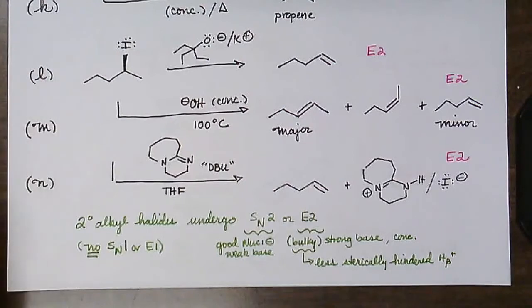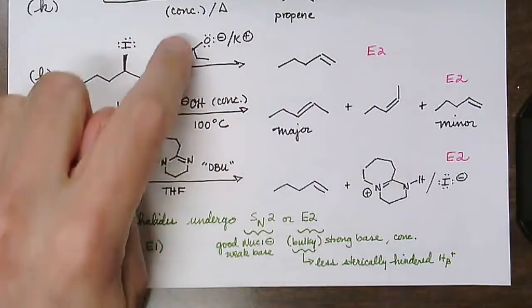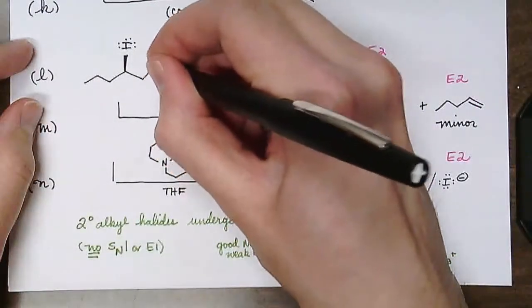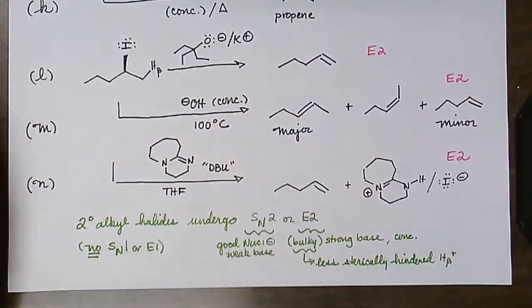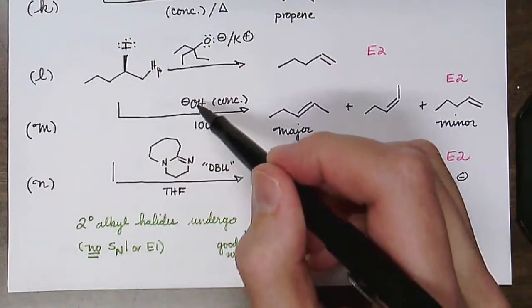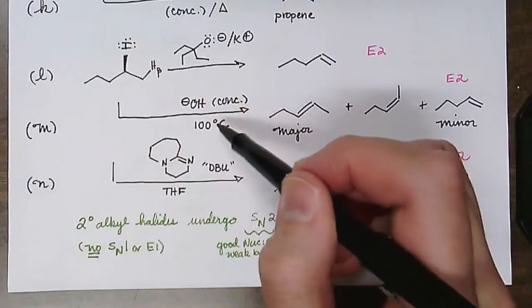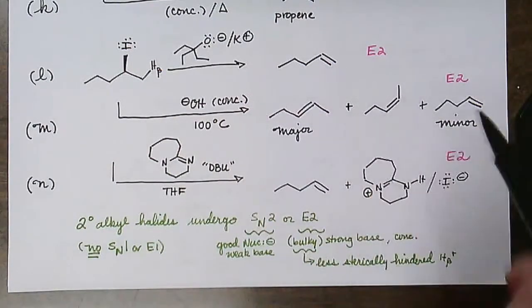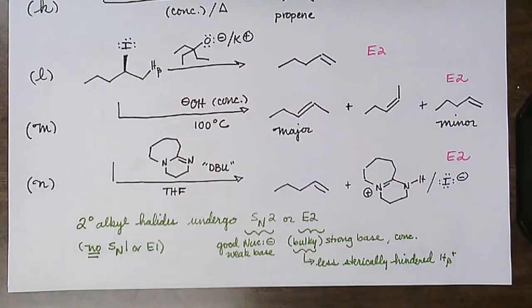If you start with this chiral secondary alkyl halide and you choose a really bulky base, we would also see E2 elimination, and we would most certainly deprotonate the beta carbon, which has the less sterically hindered proton. On the other hand, if you use a smaller base at higher concentrations and higher temperature, we would expect the Zaitsev E2 elimination product to predominate.